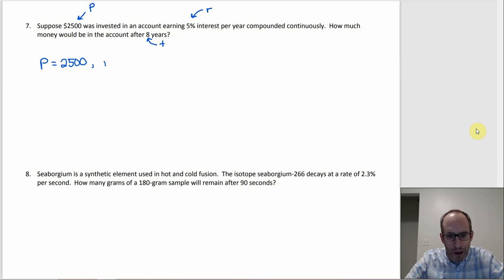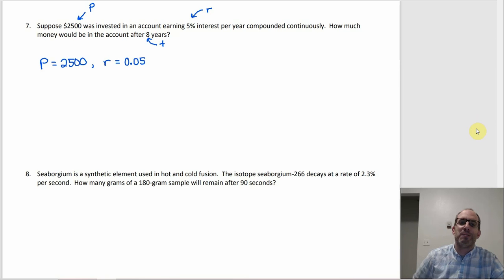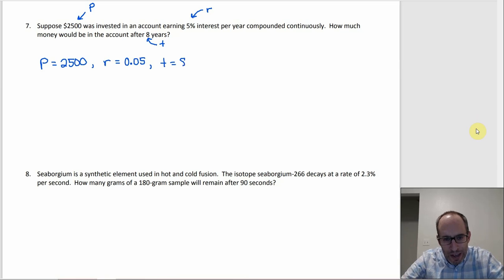We've got that R is equal to, and I'm going to convert this into decimal form because when we sub into the formula, that's the way we're going to need it. So move it 2 places to the left, right? So 0.05 written as a decimal instead of a percent. And then T equals 8.